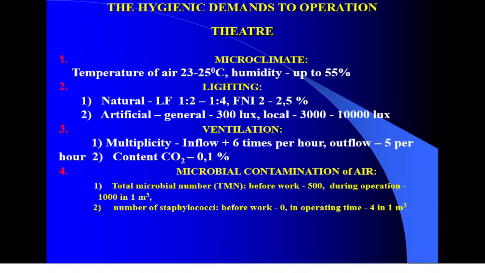Special requirements: total microbial number before operation must be not more than 500 in 1 meter cube, and during operation 1000 in 1 meter cube. If we see higher numbers, it says about pollution of operation theater air. Number of staphylococcus before operation should be absent, and during operating time, not more than 4 in 1 meter cube.